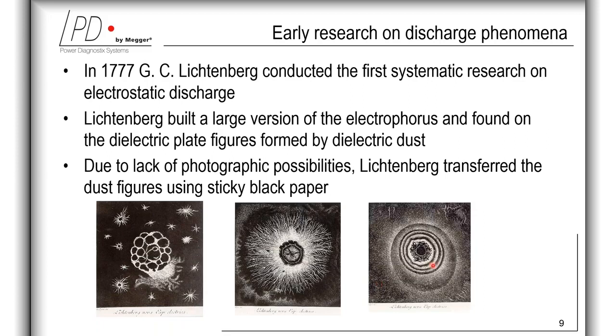His electrophorus was very large with a diameter of 2 meters, and it is reported that this electrophorus supported arcs up to 40 centimeters, which corresponds to about 200 kilovolts. He noted already the differences between the traces of positive and negative discharges.